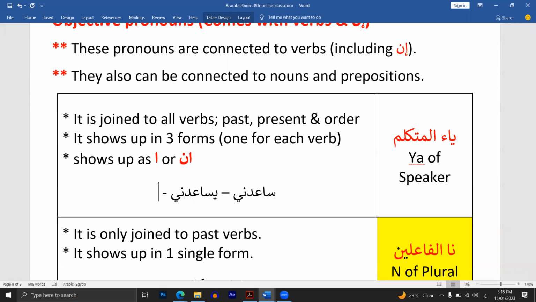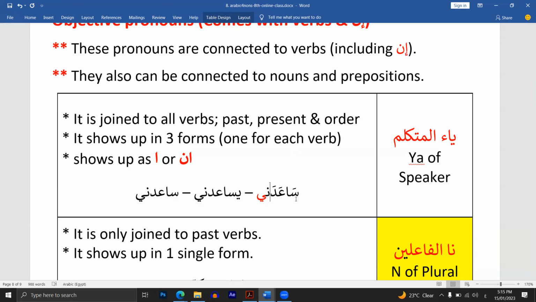This verb, ساعد, means help. Here it will show up in the 3 types of verbs: past, present, and order. ساعدني means help me.